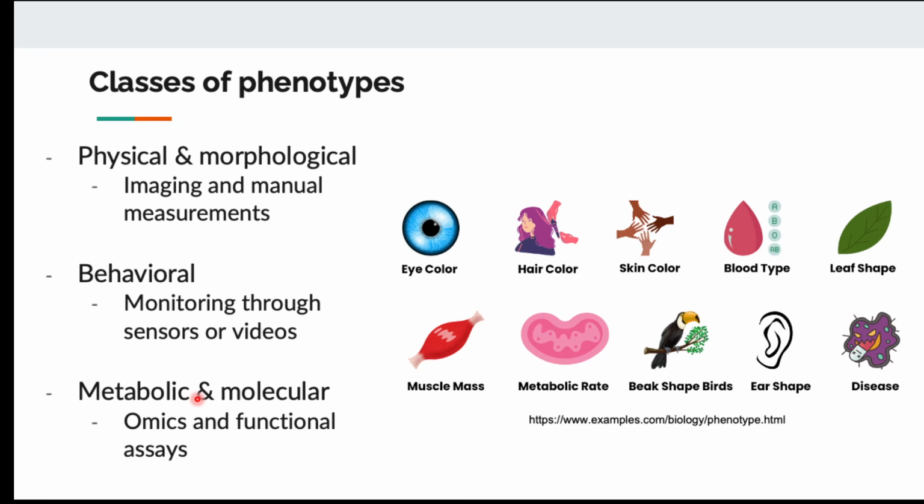The other one would be the one that we are more familiar with, the metabolic and molecular phenotypes. This one we collect using omics technology or functional assays. So basically today we are going to expand our thinking of data collection and analysis from just the molecular level to something outside the cell as well, at the organism level.